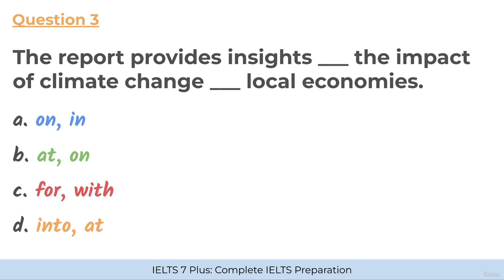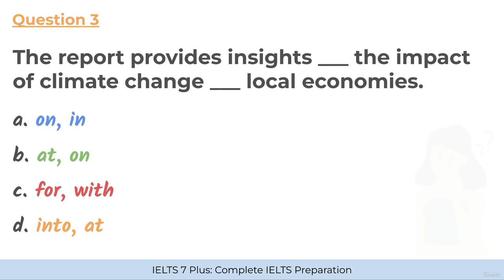We've got 2 different situations to think about here. So the report provides insights, and then the impact of climate change. Have a think. If you're sure about one of the answers, then that might give you a clue as to which the other might be.